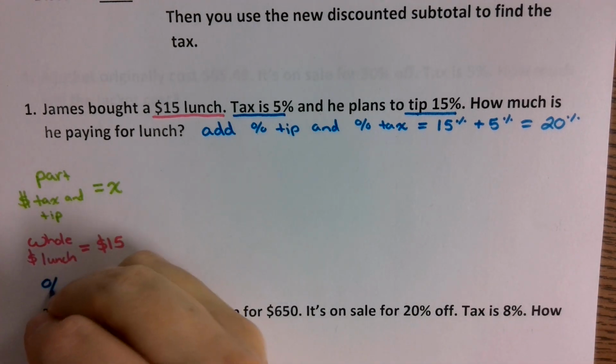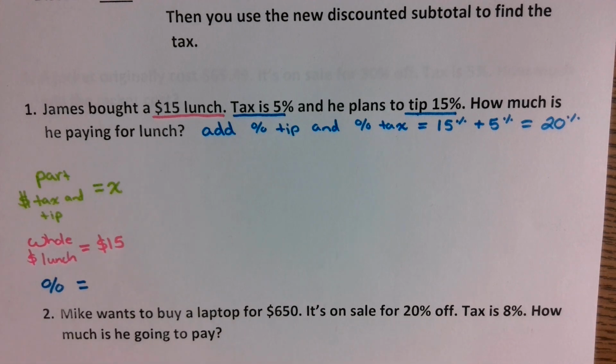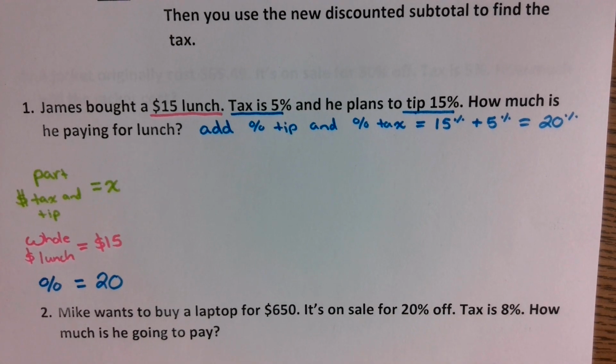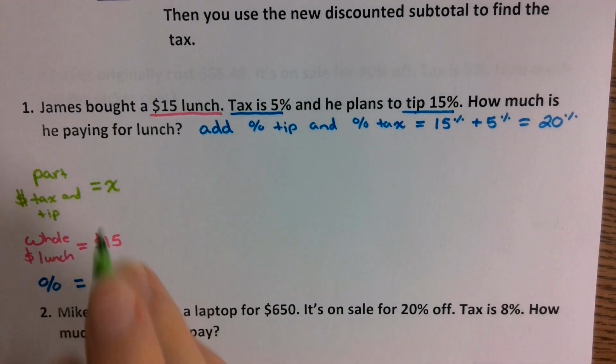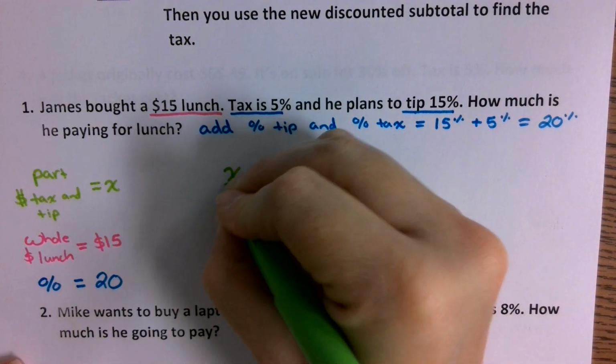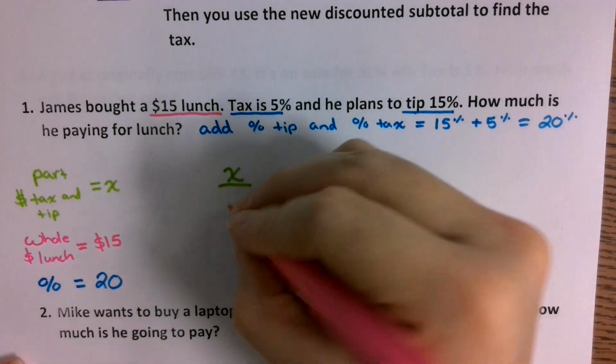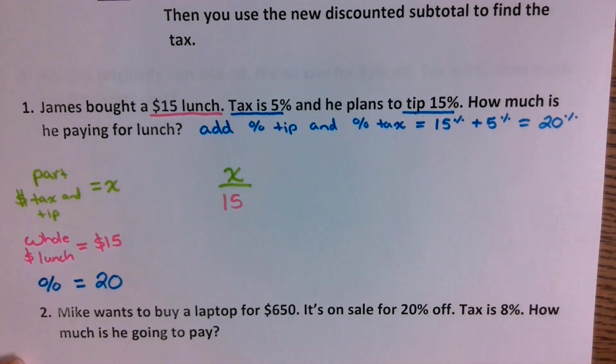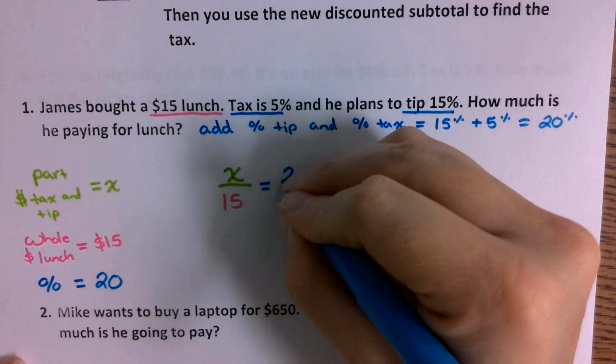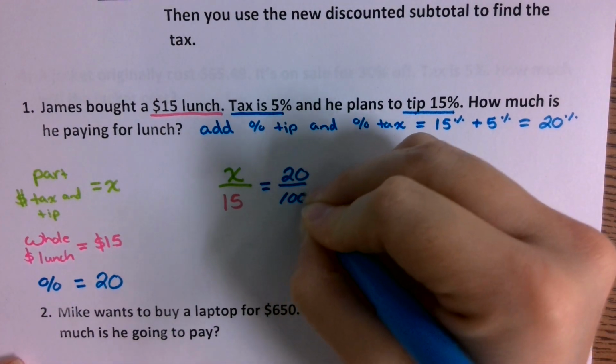And then my percentage is what I just found, 20%. So now I can set that up as a proportion. X over 15 equals 20 over 100.